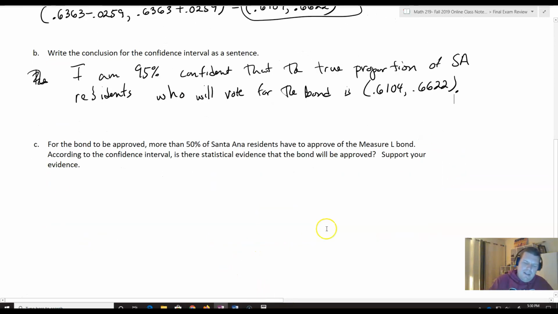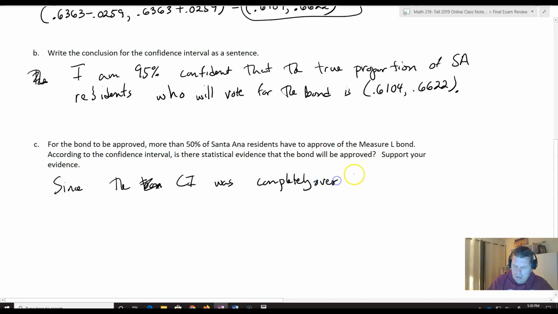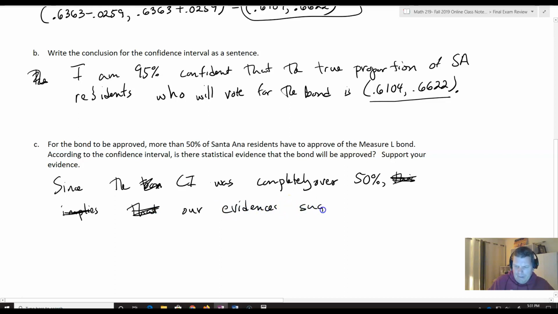So that actually tells me that since the CI was completely over 50%, the whole thing, 61% to 66.22%, totally over, this implies that our evidence suggests that the bond will pass.